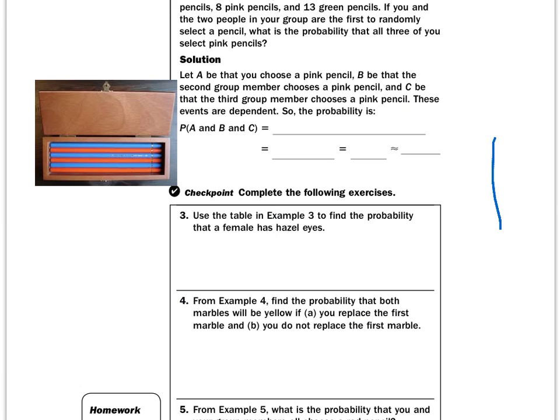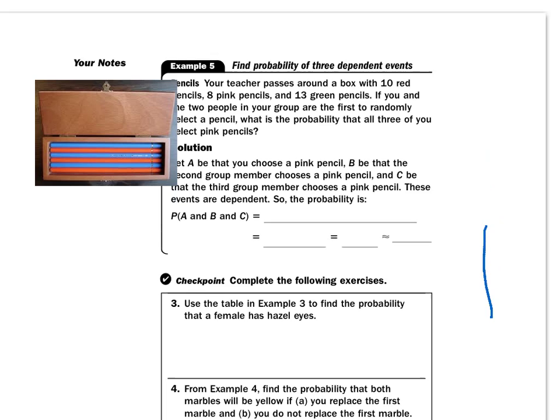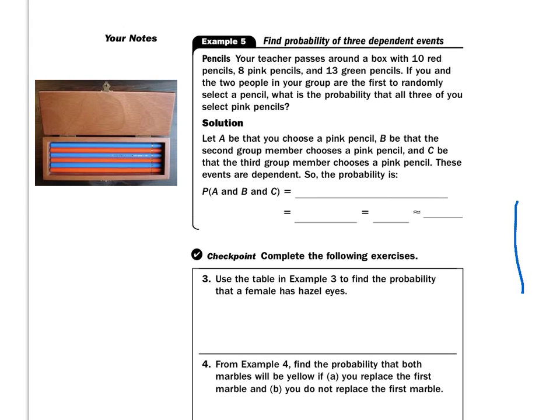All right, let's take a look at what we've got going on here. Pencils. Your teacher passes around a box of pencils with 10 reds, 8 pinks, and 13 greens. If you and two people in your group are the first to randomly select a pencil, what is the probability that all three of you select a pink pencil?